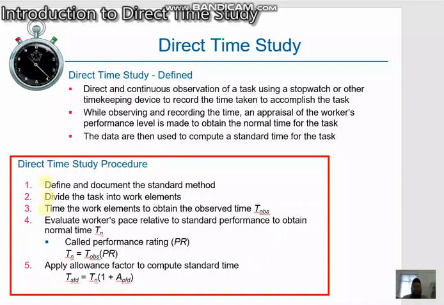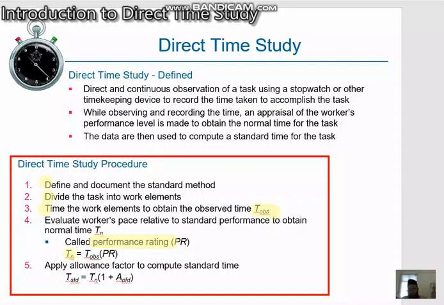Next, the third procedure: time the work elements to obtain the observed time, or T observed, followed by the fourth procedure: evaluate the worker's pace relative to standard performance to obtain the normal time. So in the fourth procedure, we determine the performance rating level of the workers. So from here, we get this normal time.